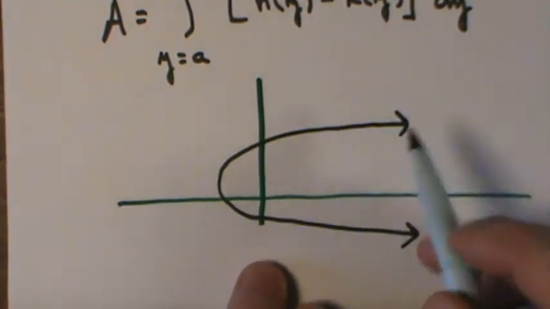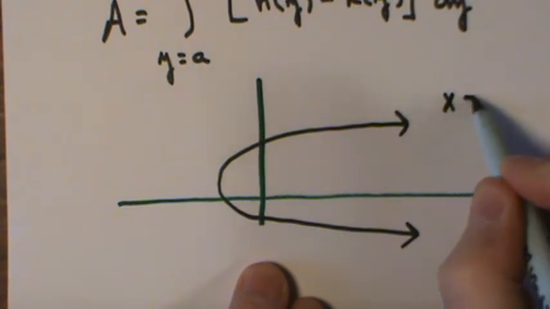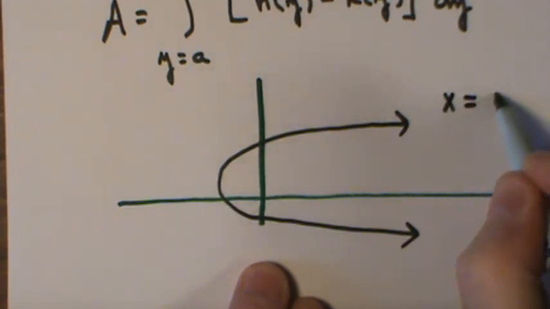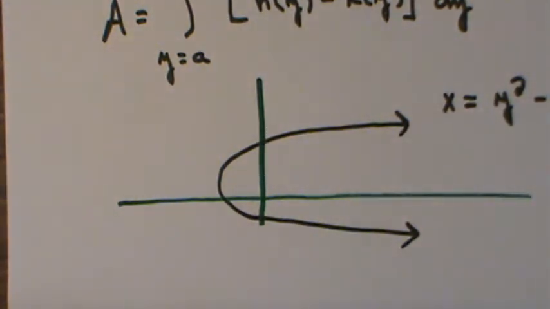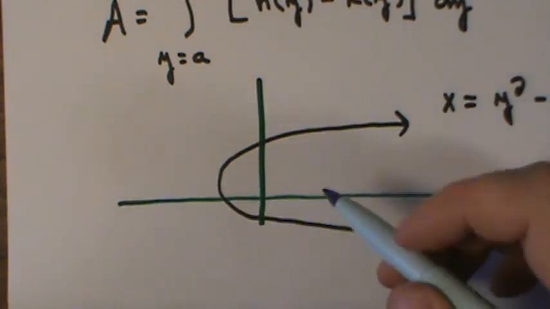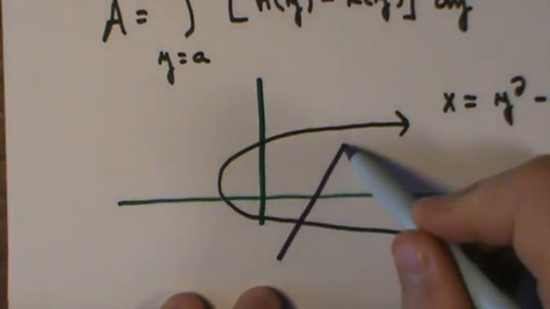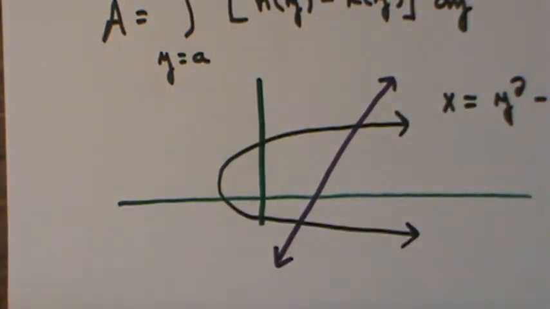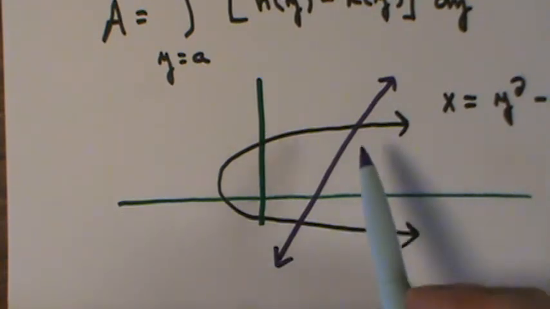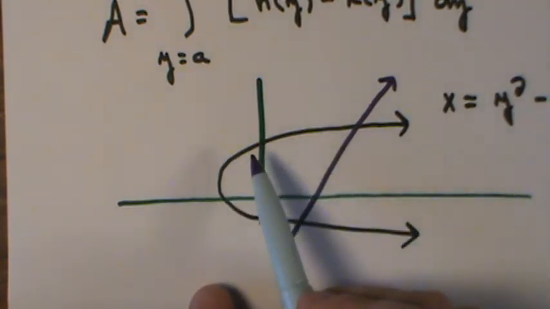Now, a formula for something like this might be x is equal to y squared minus 3. Maybe it's something like that. And then once again, you could have a line here. Maybe it's a line that shoots up like this. As you look at this picture, you always have a rightmost and a leftmost. So in this case, you go your line minus your parabola.